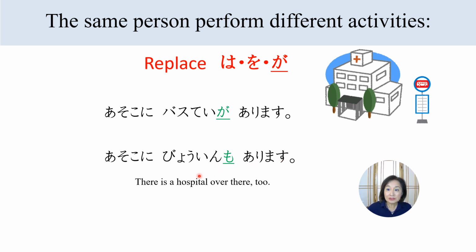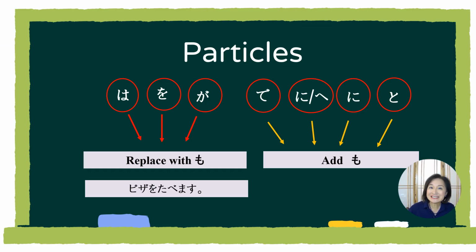What is also over there is the hospital, so the particle to mark 病院, a hospital, is replaced with the particle も. わかりますね? Let's confirm. With the particles は, を, and が, you replace them with も when expressing similarities or shared activities.